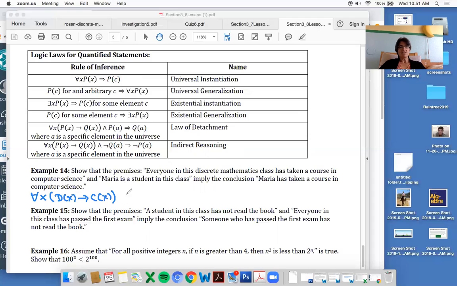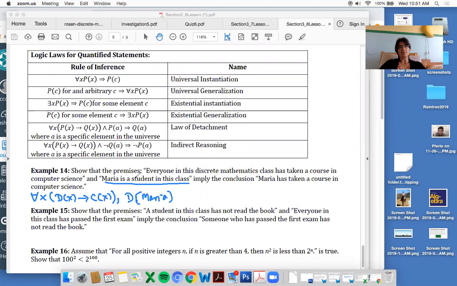And then it says Maria is a student in this class. D of x stands for x is a student in this class.